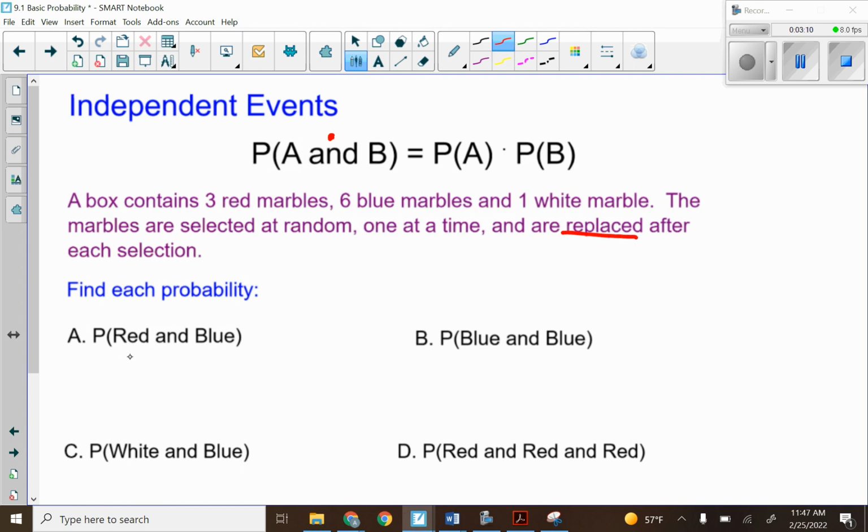So first, I'm taking a red marble. The probability of that is 3 out of 10, times, next I'm taking a blue marble. The probability of that is 6 out of 10. That is going to equal 3 times 6, 18 out of 100, which reduces to 9 out of 50.